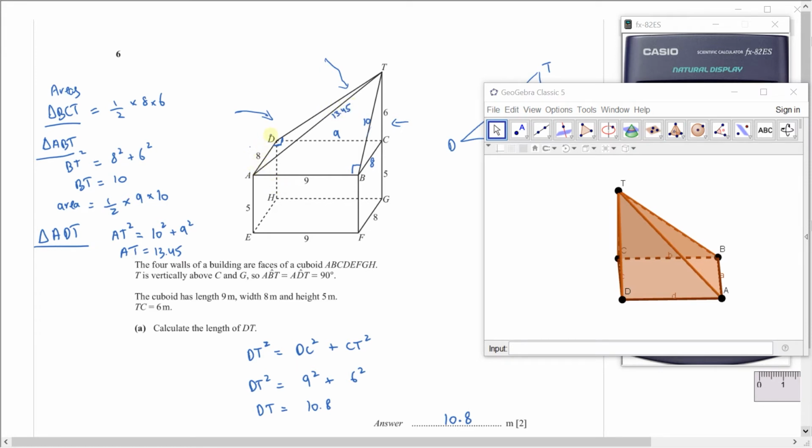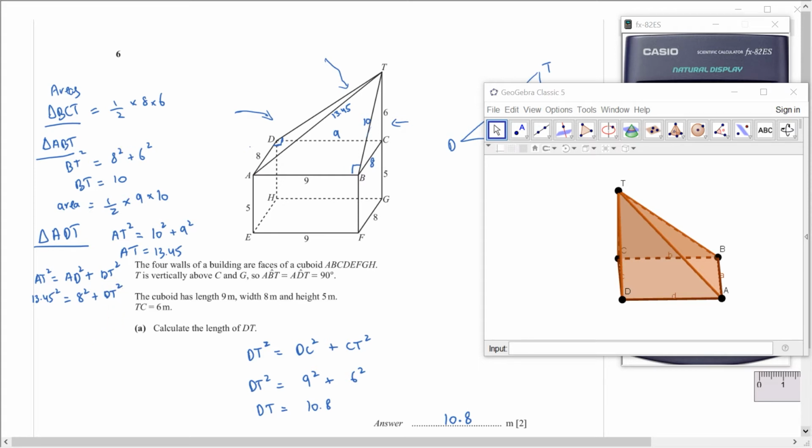Now again looking at triangle ADT, AT is again the hypotenuse of triangle ADT. So AT square equals this base AD square plus this height DT square. And now I know AT is 13.45. So 13.45 square equals AD is 8 square plus DT square. So from this I can calculate DT.